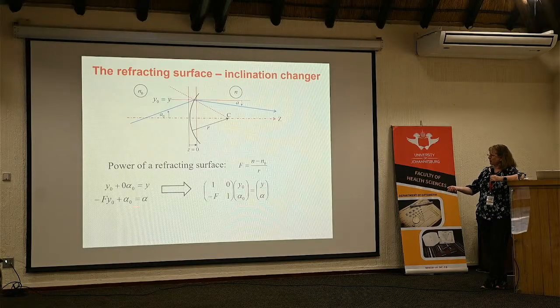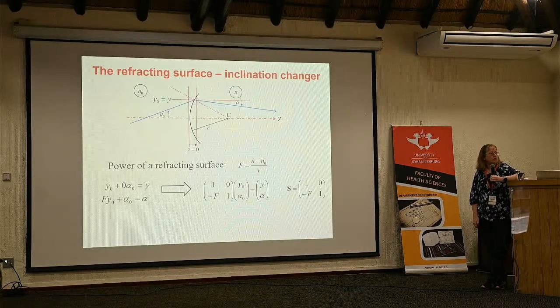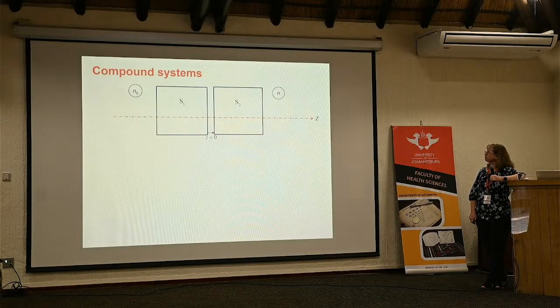So this is the relationship that we get from a refracting surface. And of course, the position doesn't change. And that allows us to obtain this relationship for the transference of a power refracting surface.